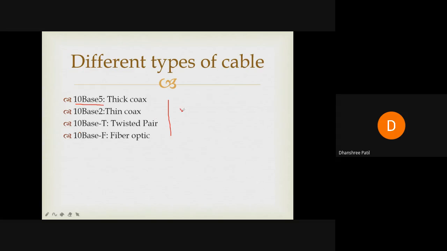So the concept is that it uses baseband signaling. There are two types of signaling used: one is baseband, which we have seen, and the second one is broadband. Baseband and broadband are the two signalings used, and some wires are used.